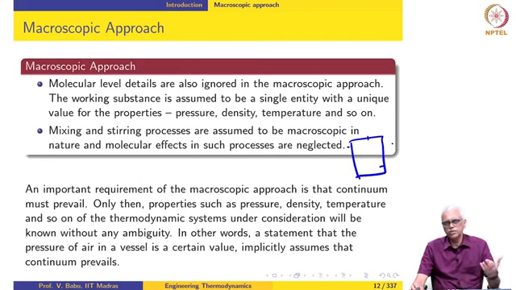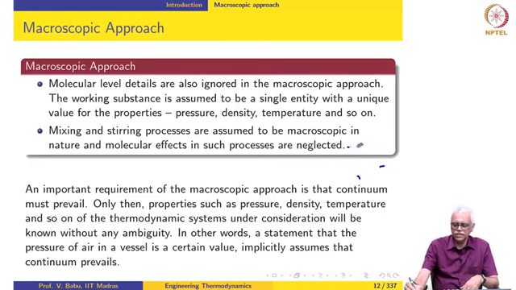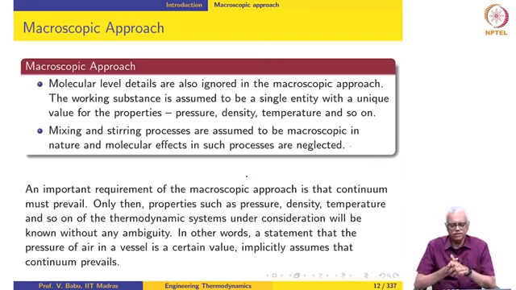Temperature measured at all these locations should all be the same. That is what we mean when we say the working substance is assumed to be a single entity. Now, for this to hold, certain conditions have to be met, which we will discuss next.